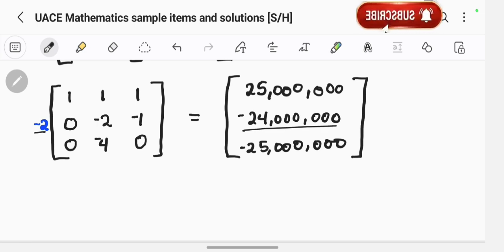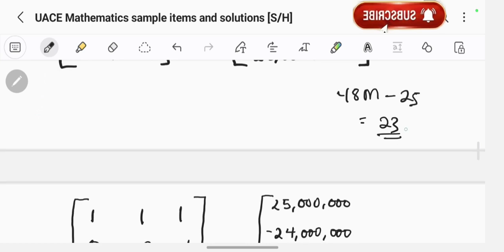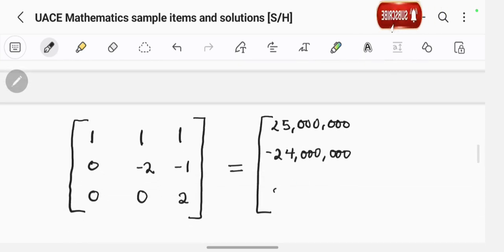It's going to give us positive 48. Then when you get positive 48 m and subtract 25, we end up with 23 m. So it's the 23 m that I'm going to write here.